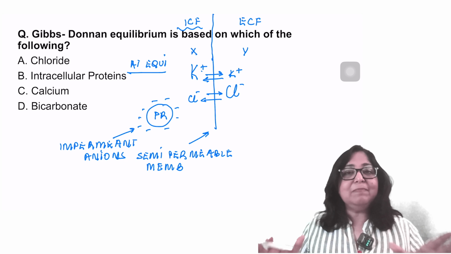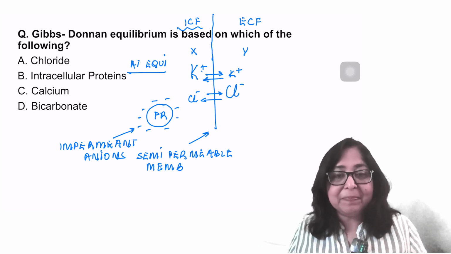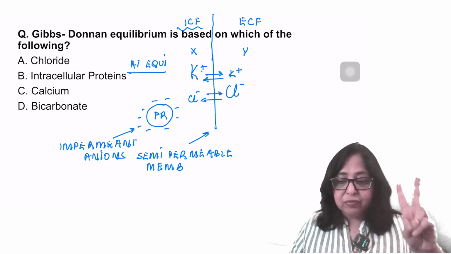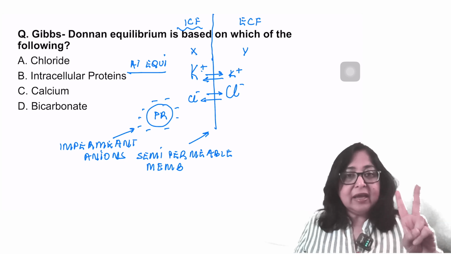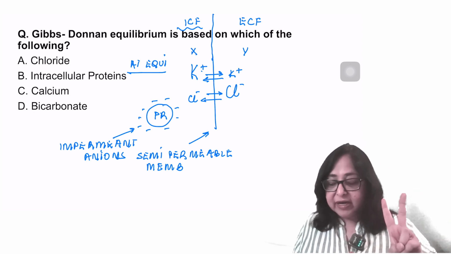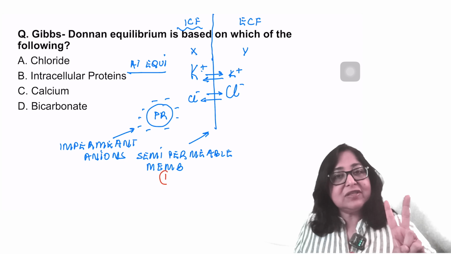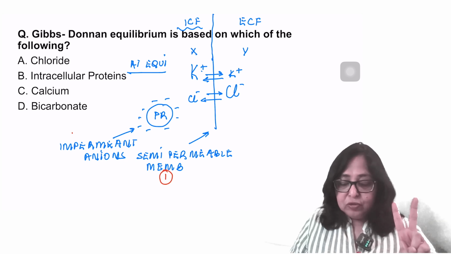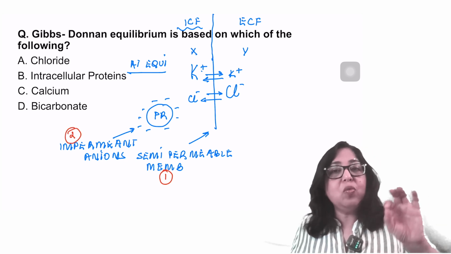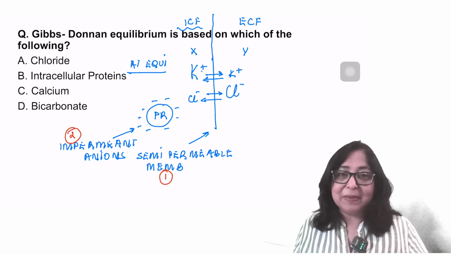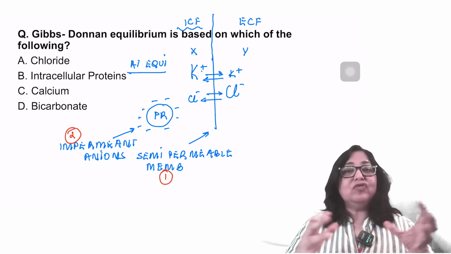This is Gibbs-Donnan equilibrium. There are two things which are required for this Gibbs-Donnan effect. Number one, presence of a semi-permeable membrane, and number two, impermeant anions on one side of the semi-permeable membrane. And what does it result in?